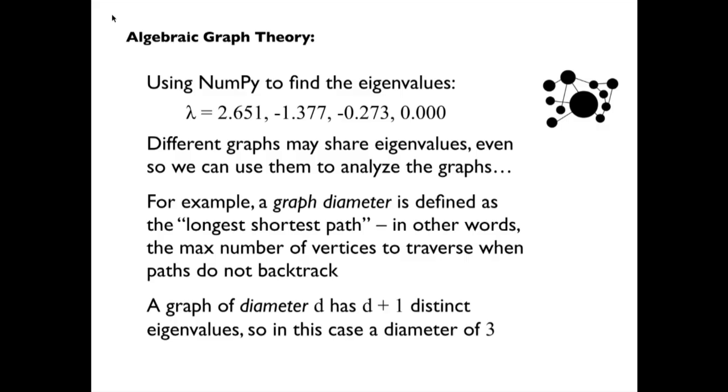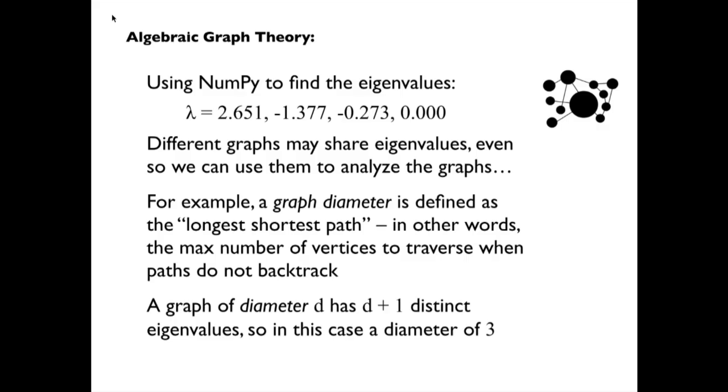What's interesting is that we can use the eigenvalues to characterize the corresponding graph. It may be the case that very different graphs end up having the same eigenvalues. That can definitely happen, but even so, we can use it to analyze. One metric is called graph diameter, defined as the longest shortest path, basically the max number of vertices you traverse without any backtracking.